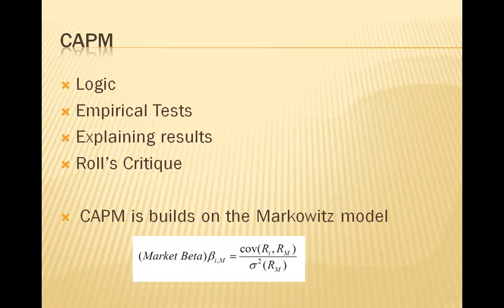Here we see the market return is defined by beta, which is the covariance between a security and the market, or a portfolio and the market, divided by the variance of the market, the standard deviation squared. This is a natural interpretation of the slope of a regression line. Beta can be described as a sensitivity measure of expected return to variance in the market returns.